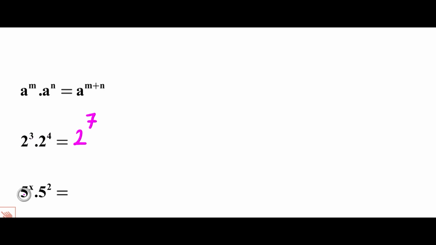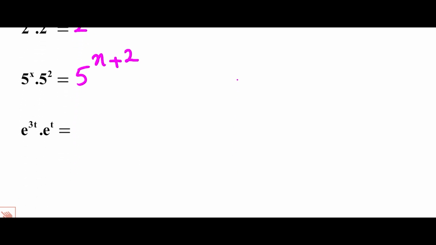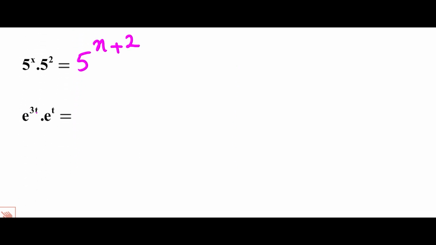Or 5 to the power of x times 5 squared equals 5 to the power of x plus 2. Or e to the power of 3t times e to the power of t equals e to the power of 3t plus t, which is 4t.